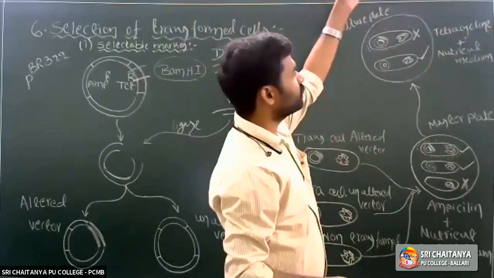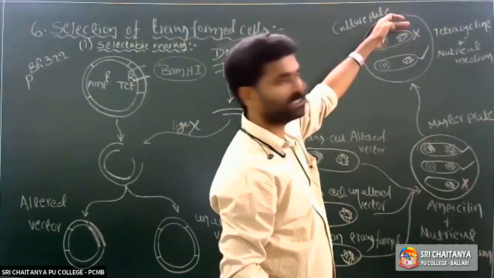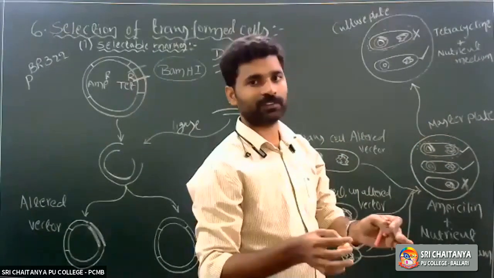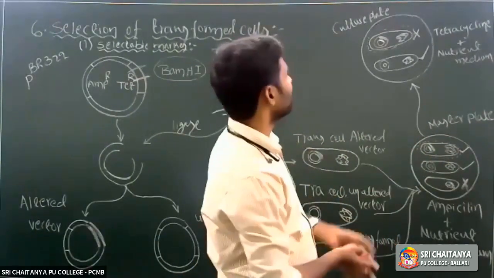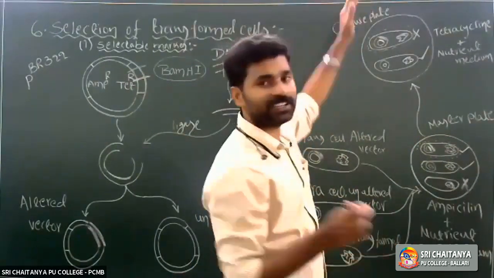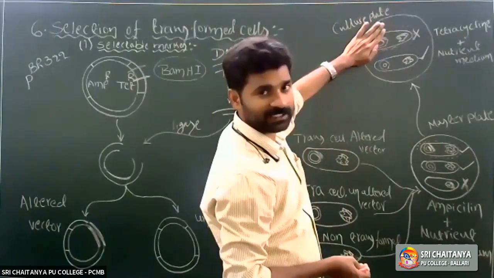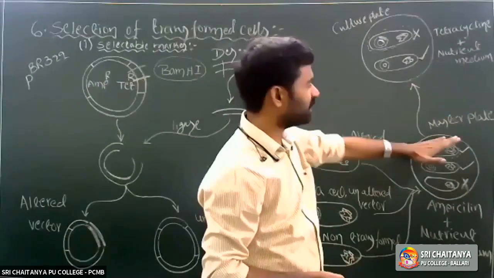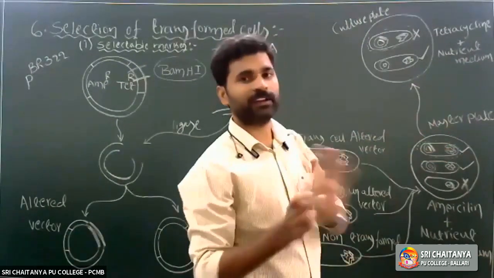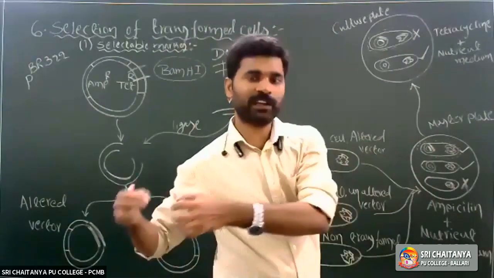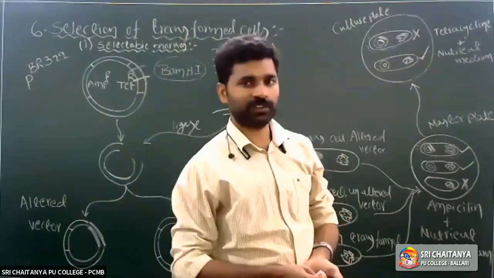The bacterial cells which die in the culture plate but survive in the master plate are recombinant cells. Right? So the cells which are absent in the culture plate but present in the master plate are recombinant cells. Only those cells we collect for the next procedure.